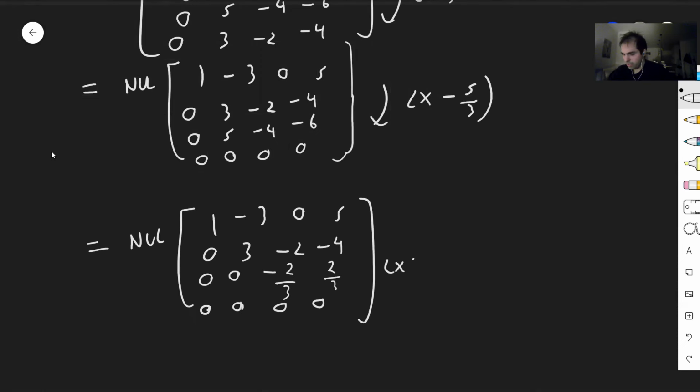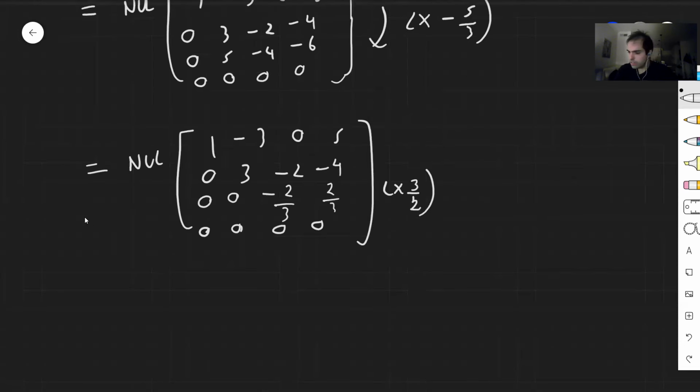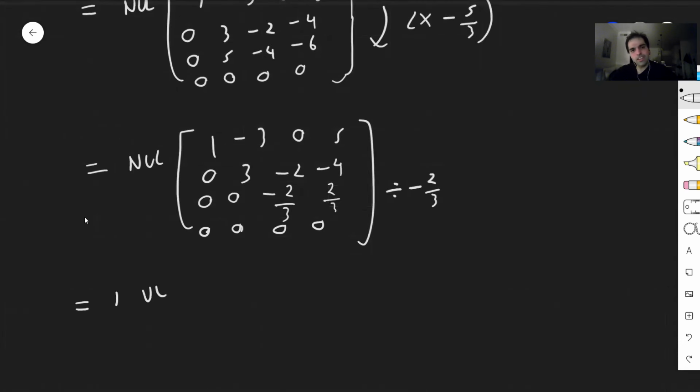And again, multiply this by 3/2, or I guess if you want, divide by minus 2/3. Let's do that. There we go. And so we get null space. So luckily, even though it looks like fractions, they disappear.